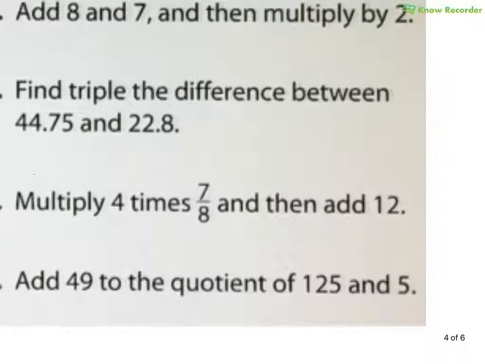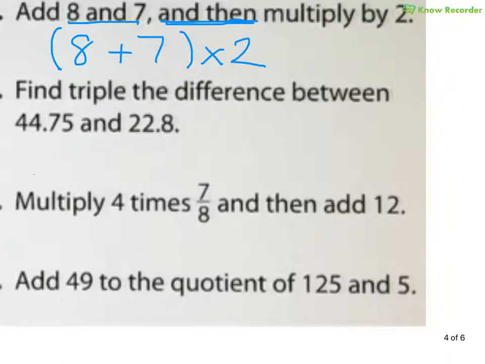This says add 8 and 7 and then multiply by 2. So "and then" means it's going to happen after that. So the first thing I'll do is write the end in mind. Then I'm going to add 8 and 7.